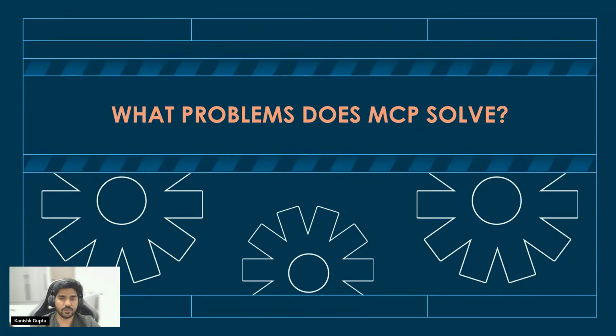Because you'll have to write custom integration layers or custom wrappers that will consume that API, and you have to ensure that proper tool calls are being made when you want to perform a particular task. So that is another issue.